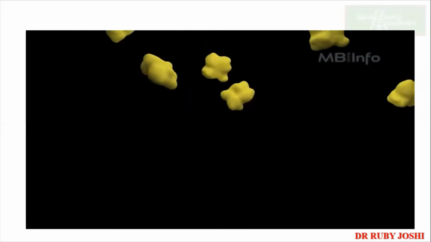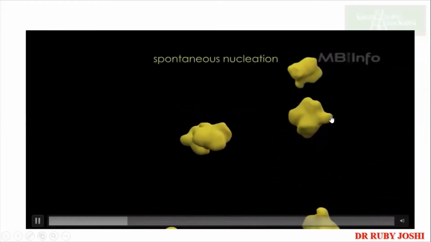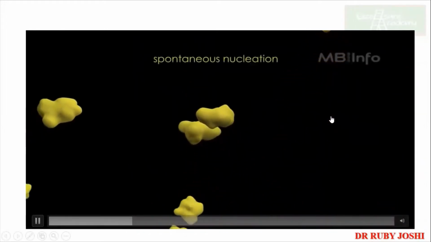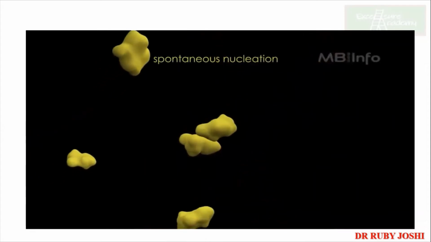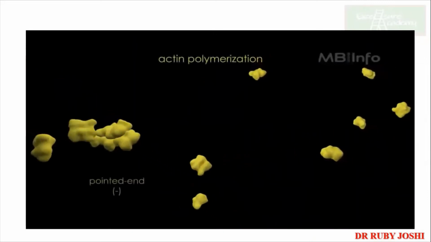So ADP actin has got low association affinity. Now they're trying to form a nucleation. So at least 3 molecules of ATP G-actin is needed, onto which further the active G-actin will bind.